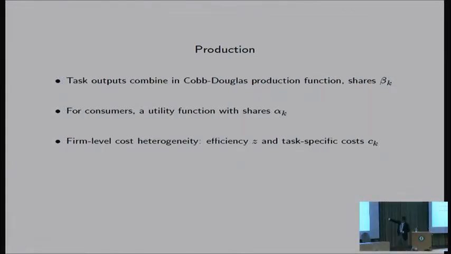And typically our models of heterogeneous firms in trade have heterogeneity in firm efficiency. Well, we have this other dimension of heterogeneity, which is the extent to which you found cheap ways to carry out these tasks through the luck of the draw. So there are these two dimensions of cost heterogeneity.